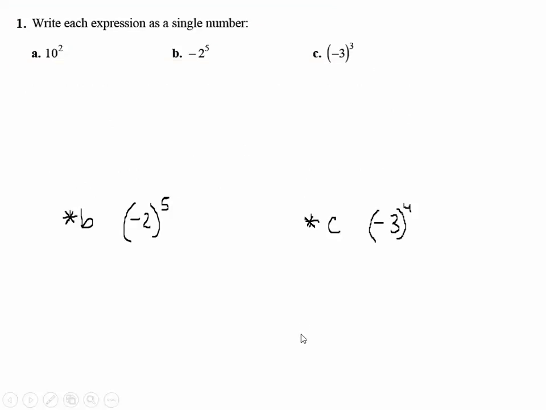I got A, B, C, and then I put in some extra B, so I put a star B and a star C, just to give us a little bit of a difference there. Alright, what gets confusing here are parentheses. Parentheses are the confusing aspect here.